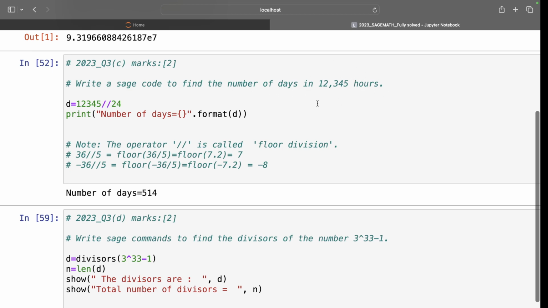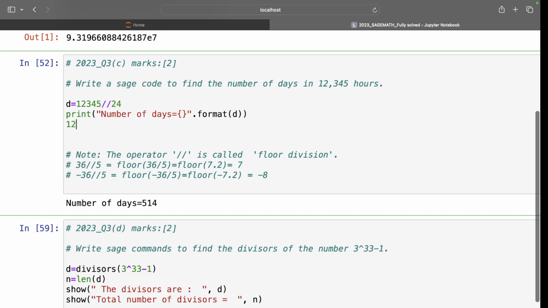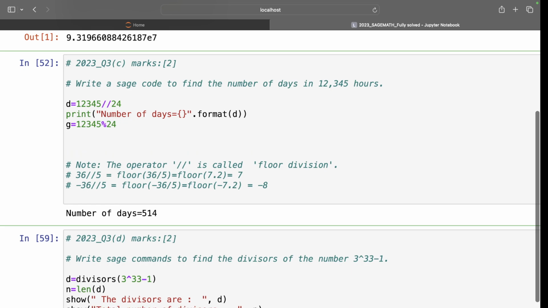So these are hours. 24 hours means 1 day, so we divide by 24 to count the number of days. The number of days is actually the quotient. We find only the quotient part, and for the remainder part you can write 12345 modulo 24. So g equal to this, you can write this.